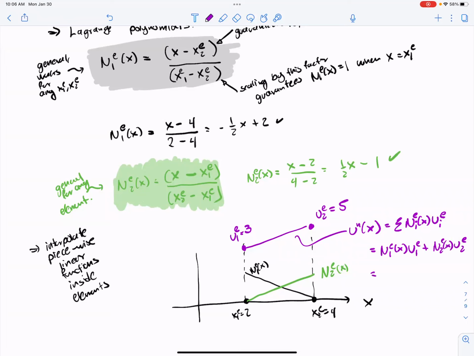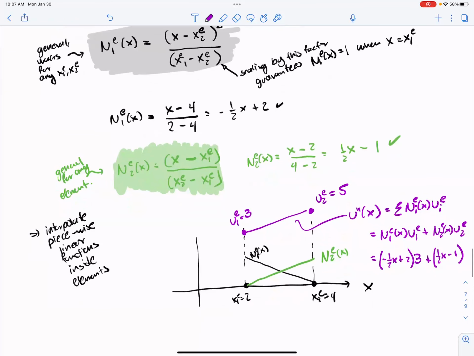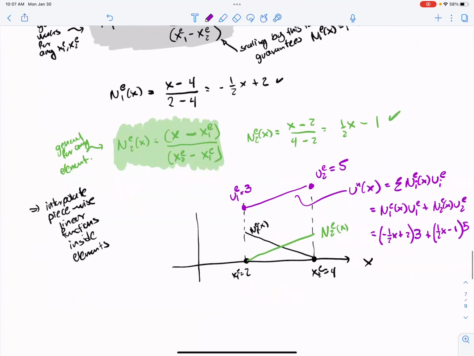If you want to actually expand it, then the first shape function was minus 1/2 x plus 2 times the first value, which was 3, plus the second shape function, which was 1/2 of x minus 1, times the value of u, which was 5. Whatever that gives you, it's going to be the equation of a line, and it's this line.